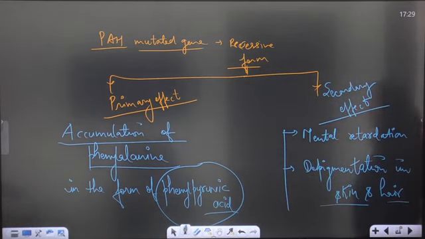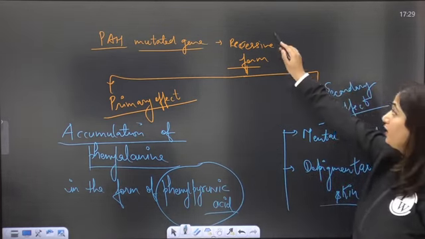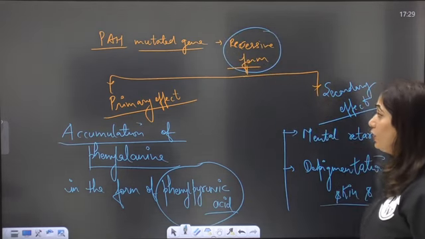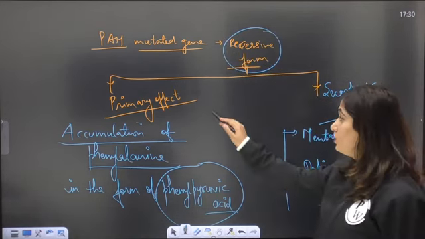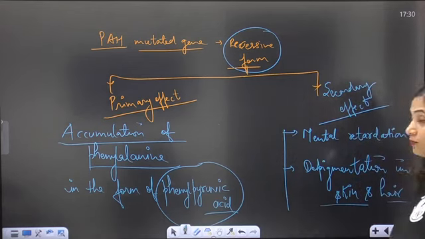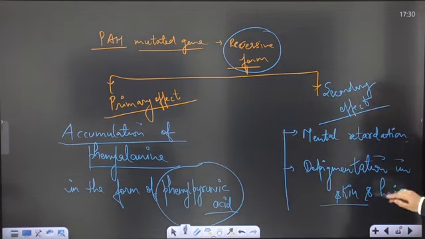Okay. So this recessive or mutated allele which caused the disease phenylketonuria is pleiotropic in nature, causing these effects: mental retardation, depigmentation in skin and hair, and the accumulation of phenylpyruvic acid.